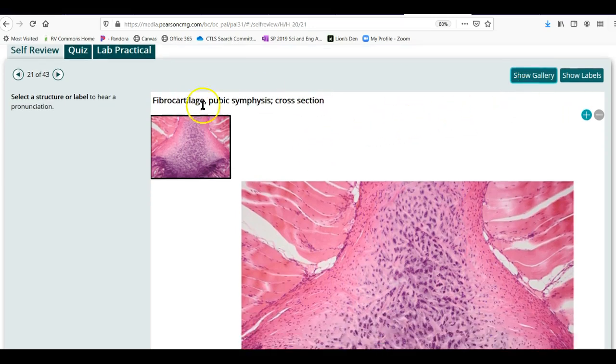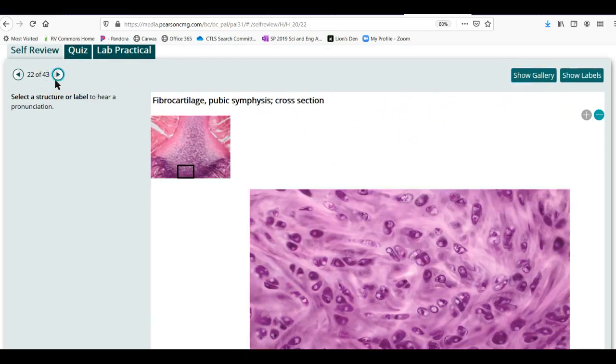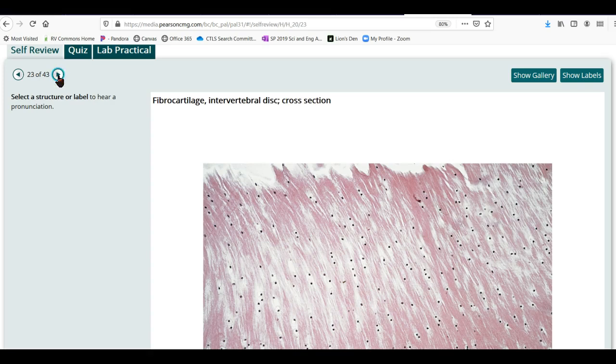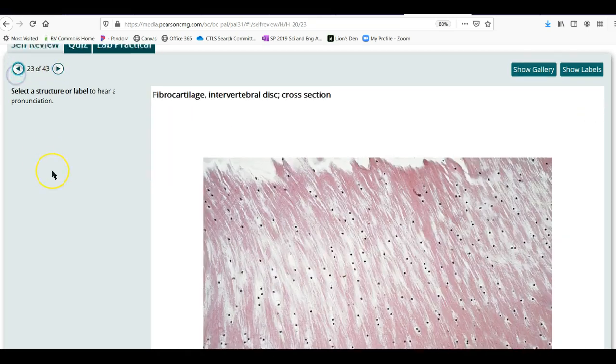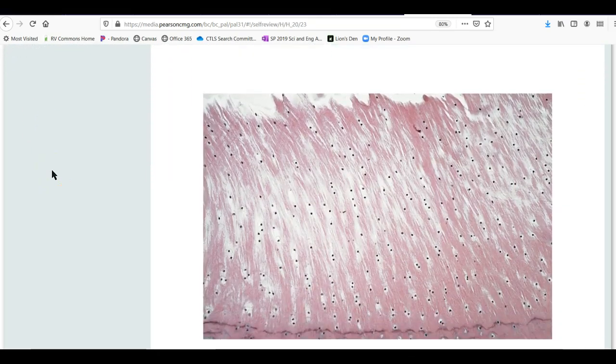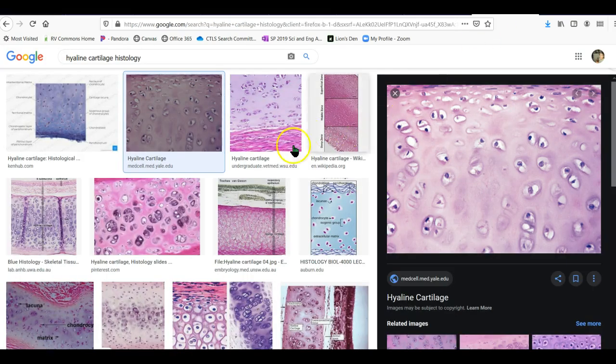Their fibrocartilage is a little tricky. This is the most difficult out of all the cells and slides you're going to see this semester. This is the most difficult one to identify just because it doesn't have really well-defined structure.